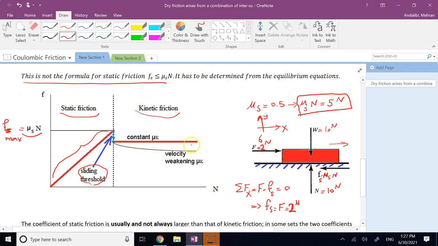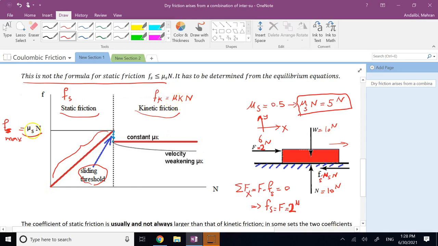Now in this area, I can say that the force of friction, if I call it Fk, is equal to a constant we call mu k times n. Here, this is Fs. There is no formula for it. We have to find it from equilibrium. For Fk, there is a formula, mu k times n, and this mu k we call the coefficient of kinetic friction.